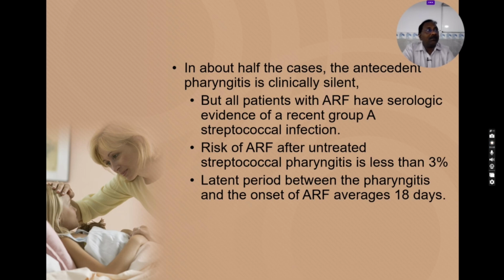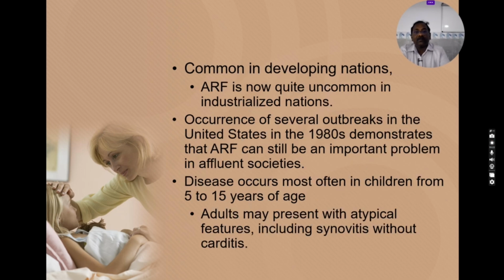Not all people will have that. If untreated, less than 3% will develop acute rheumatic fever. Latent period between the pharyngitis and the onset of acute rheumatic fever averages 18 days. It is common in India. Acute rheumatic fever is now quite uncommon in industrialized nations.